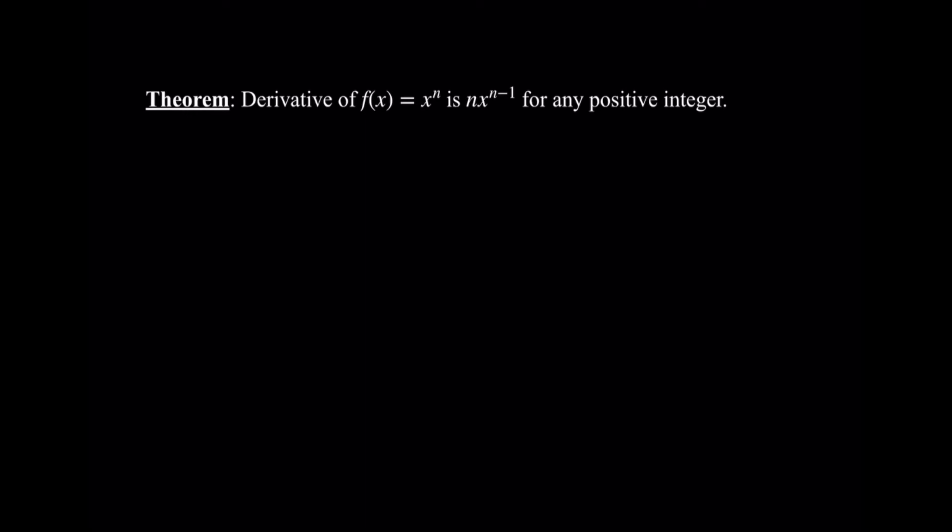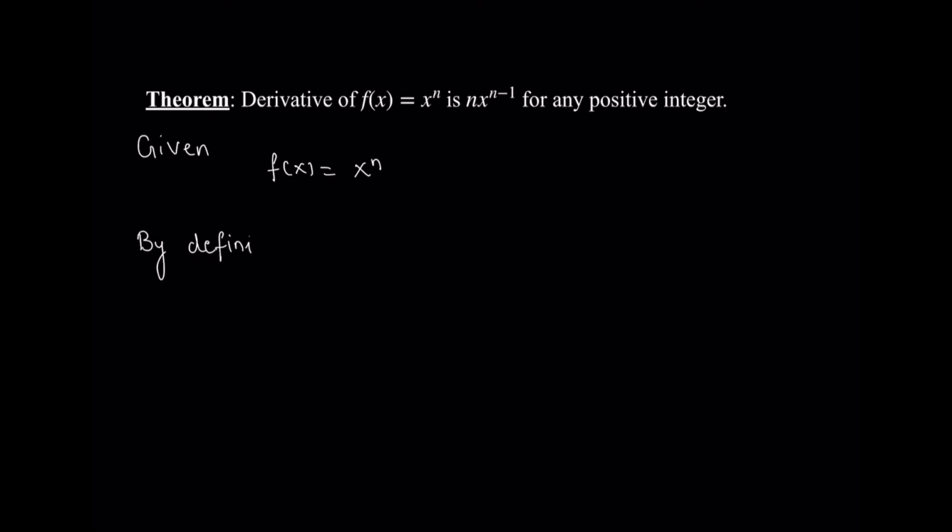So let's start off with our first theorem, which says that the derivative of the function f of x equals x to the power n is n x to the power n minus 1 for any positive integer n. Now let's try to prove this theorem. Well, it's given that f of x equals x to the power n.